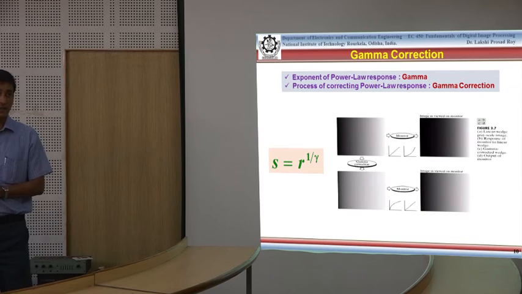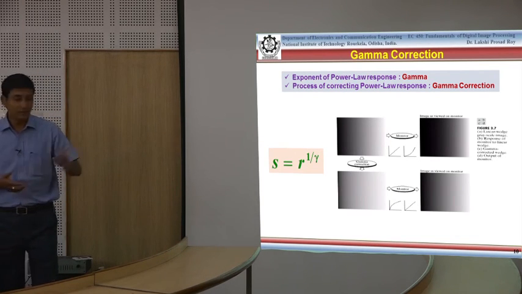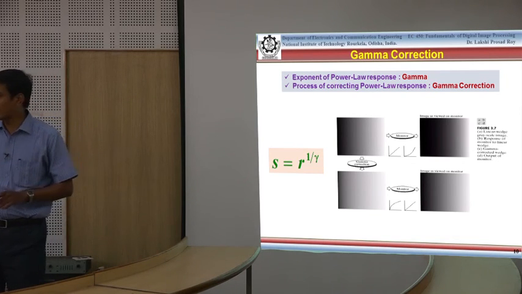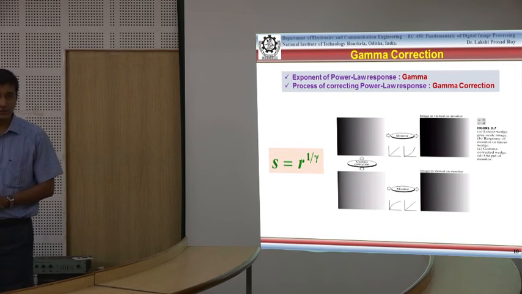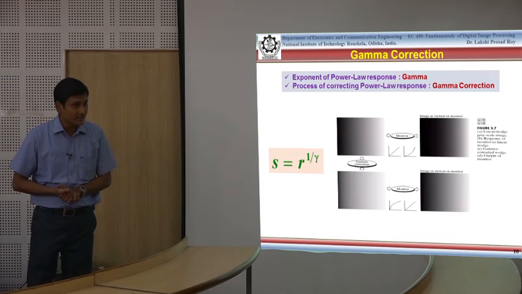So, if I want to vary the output as per my desire, if I multiply this R with gamma, 1 by gamma into gamma becomes 1. So, as per the input, the output also will vary as we wanted.